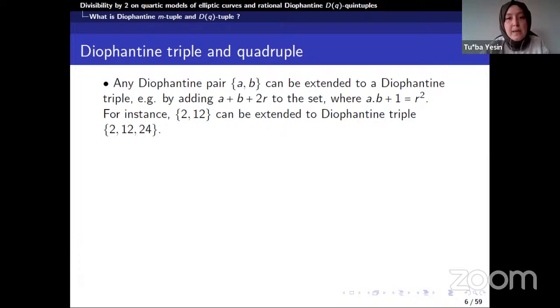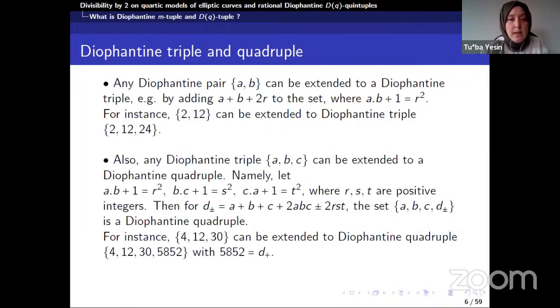The next question is the extension from triple to quadruple. Can we get this extension the same way? Yes. If we have a Diophantine triple a, b, c, it can be extended to a Diophantine quadruple. How? We have these 3 equations with r, s, t positive integers. Then by using d plus or d minus, this equality, if we add this number d plus or d minus to this set, we can get a Diophantine quadruple.